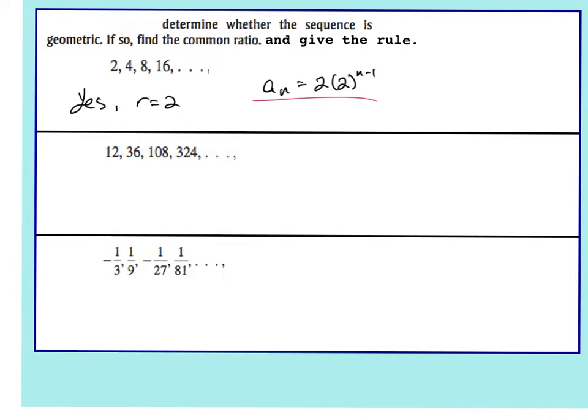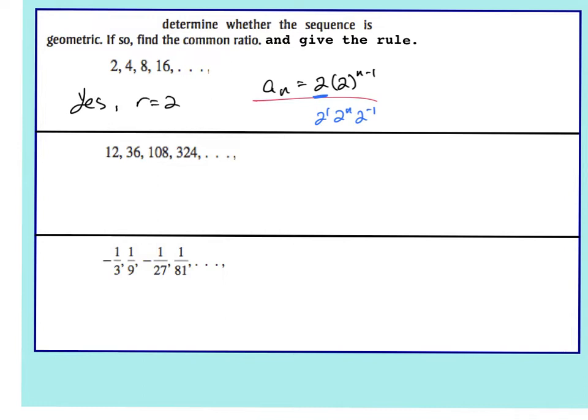But I'm going to go back to Algebra 2 and the beginning of pre-calc, where we talked about exponential rules. So this 2 is really a 2 to the power of 1. Agreed? And then this is really 2 to the power of n, and then 2 to the power of negative 1. If I separate them like that, that's really what's happening.